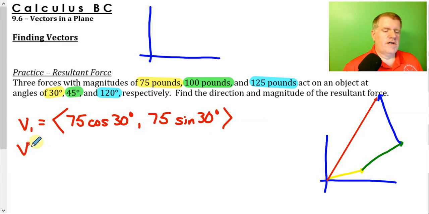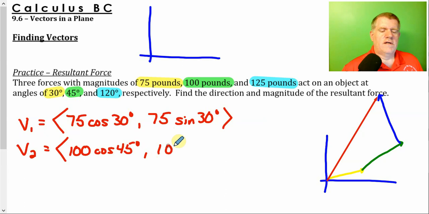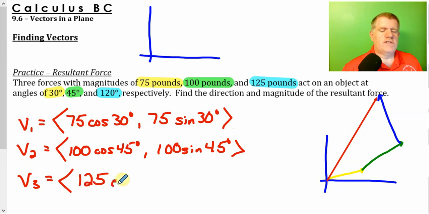Our second vector, with 100 pounds of force applied at a 45 degree angle, oops, that would be wrong. And our third vector, 125 pounds of force at a 120 degree angle.